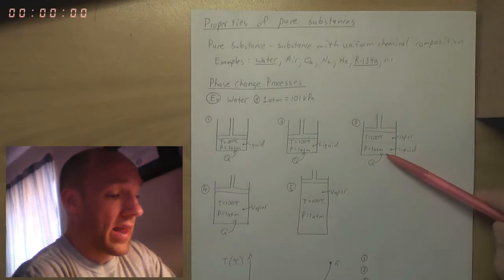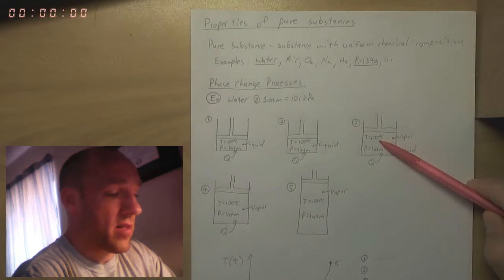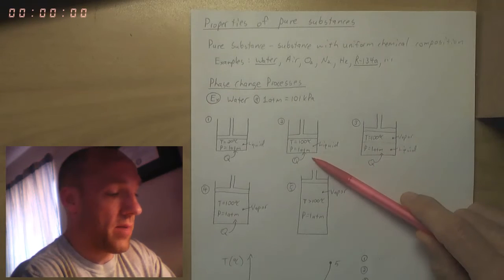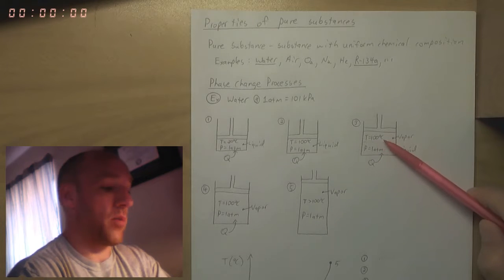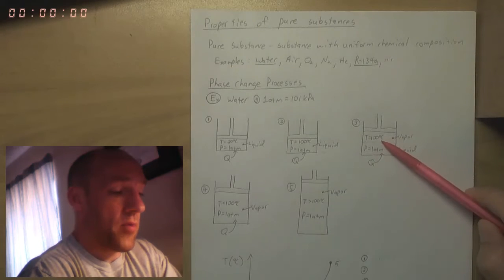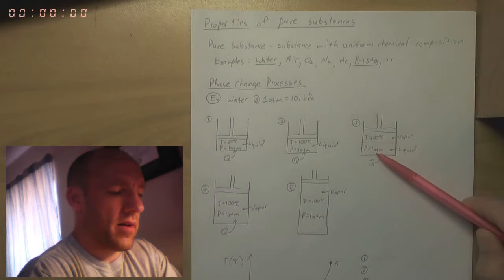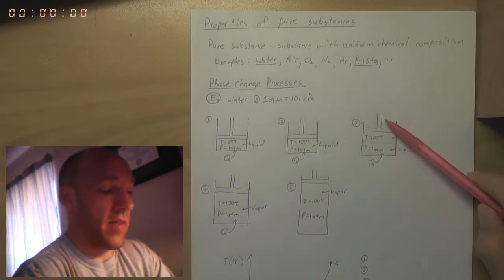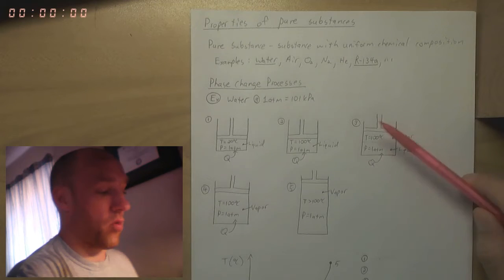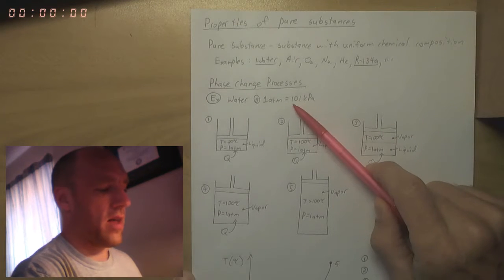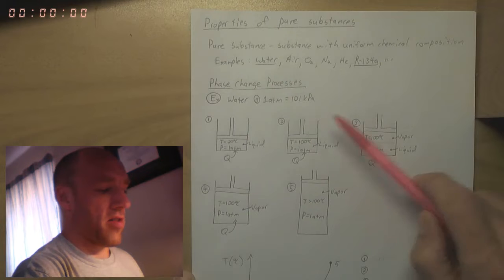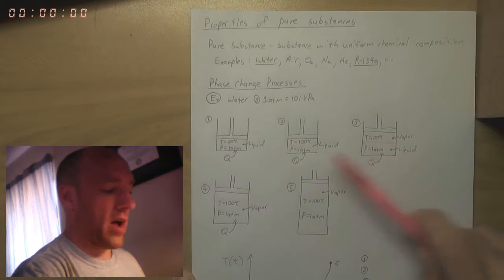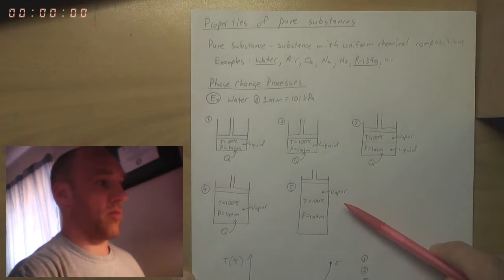If I add additional heat beyond the saturation point, the temperature remains constant, and the pressure remains constant by the fact that we are controlling the pressure. This piston cylinder device is set up in such a way that the pressure will remain constant throughout this example.